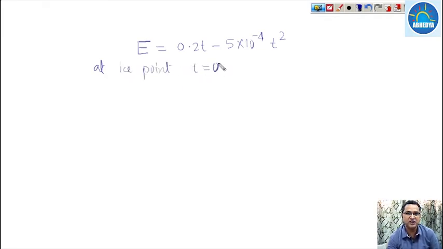T will be 0. So from this equation, the induced EMF will be 0 millivolt.